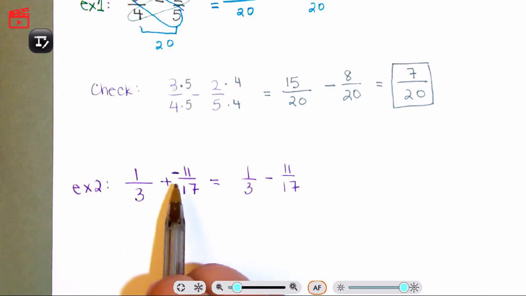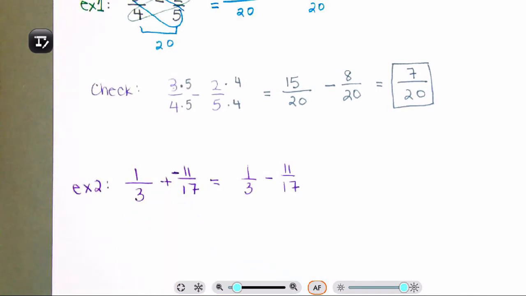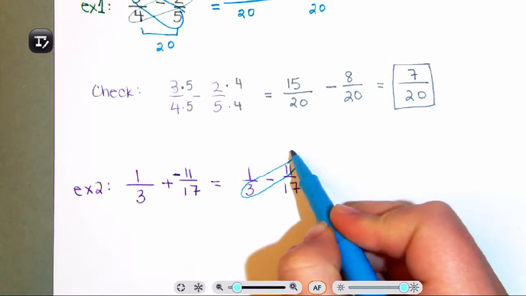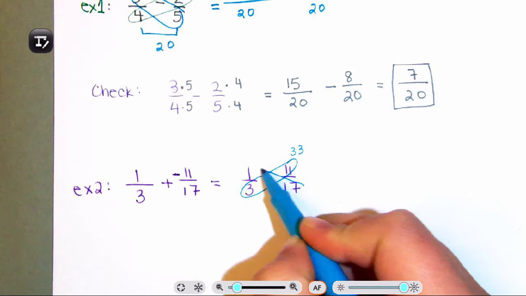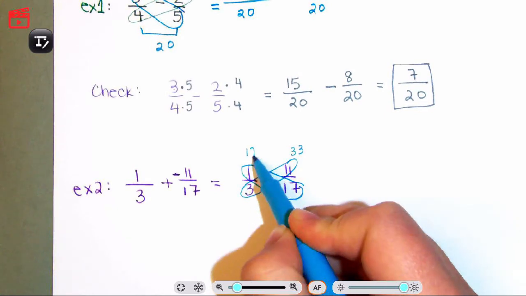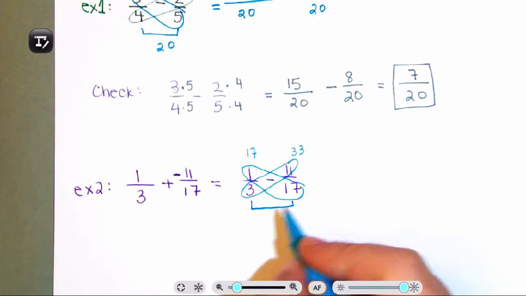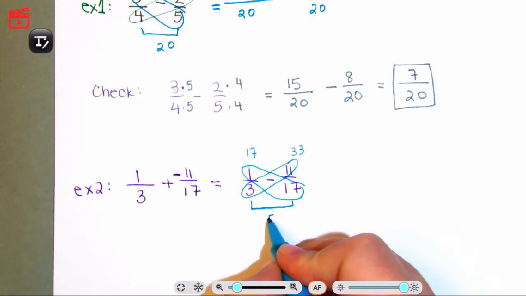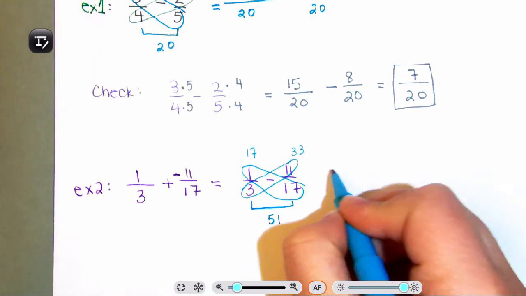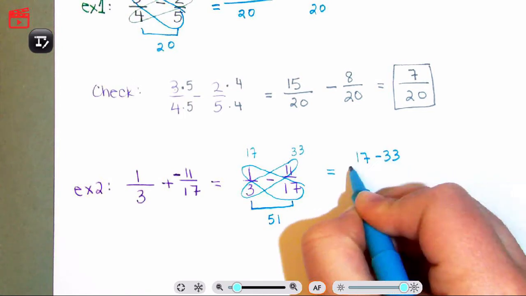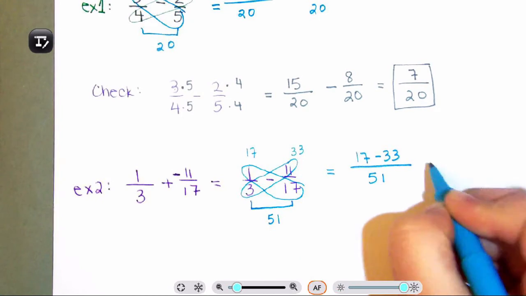I just happen to put an and there, and we're translating a plus as and. Right, same thing. 3 times 11, that's 33. 1 times 17, that's 17. 3 times 17, I'm cheating off of the last video, and that is 51. So I'm going to do 17 minus 33 over 51.